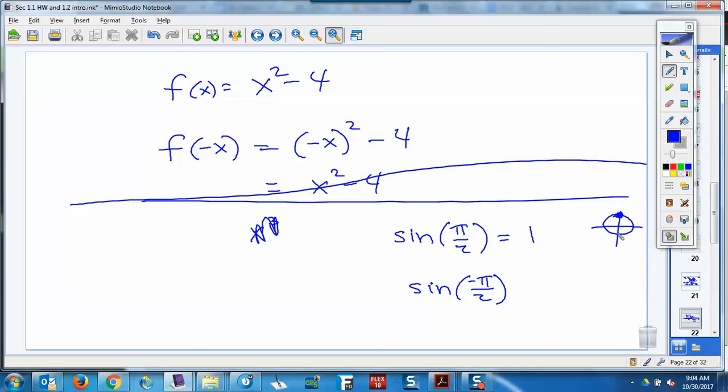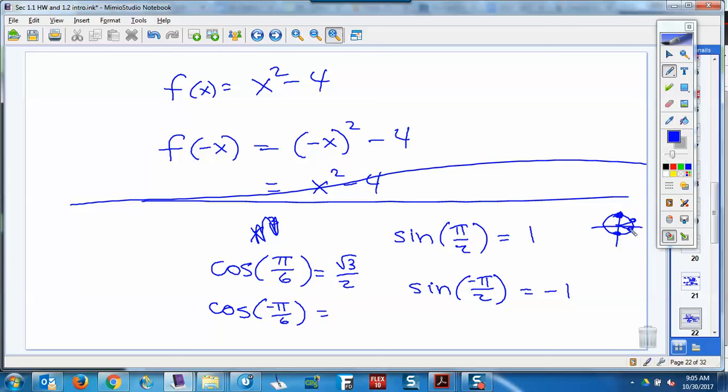Well, negative pi halves is down here. Oh, look at that. Negative 1. Opposites in, opposites out. Right? Sine's an odd function. Cosine, on the other hand, what's cosine of pi 6? Oh, good. Pi 6 right there. Cosine, square root of 3 over 2. What's cosine of negative pi 6?